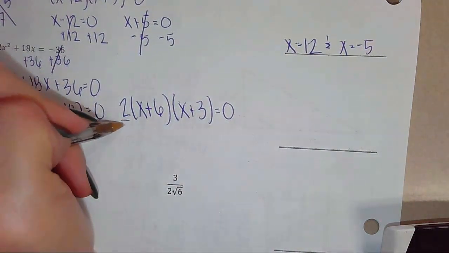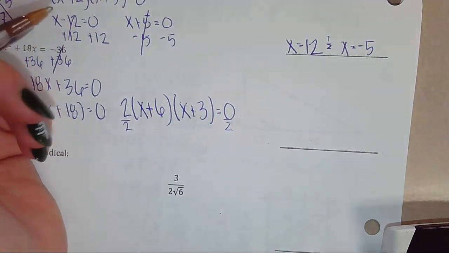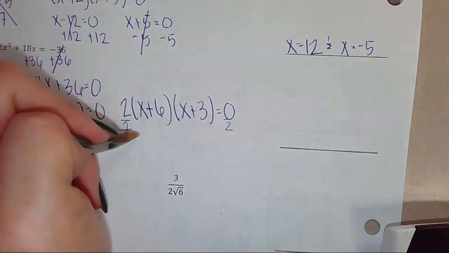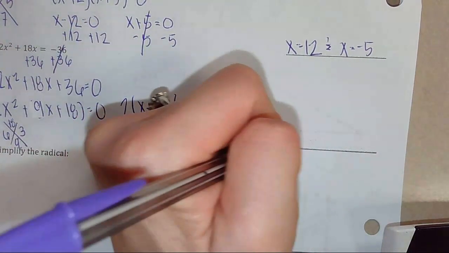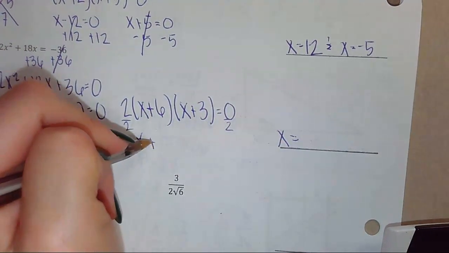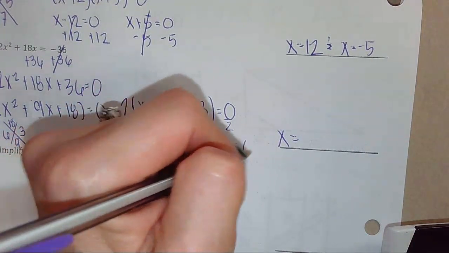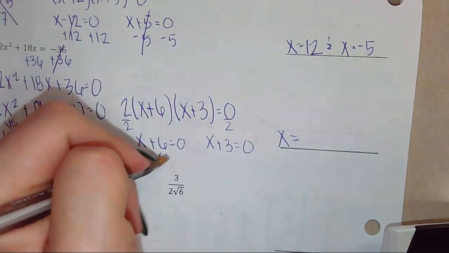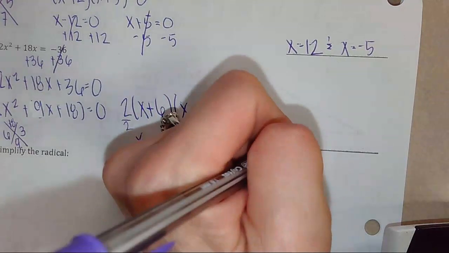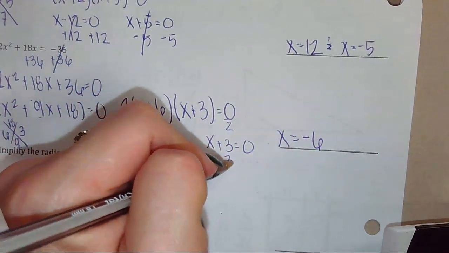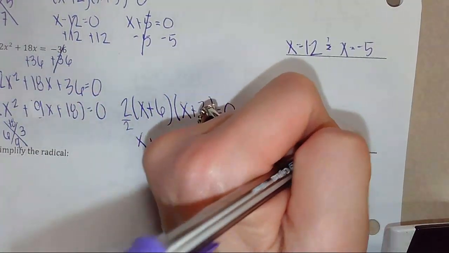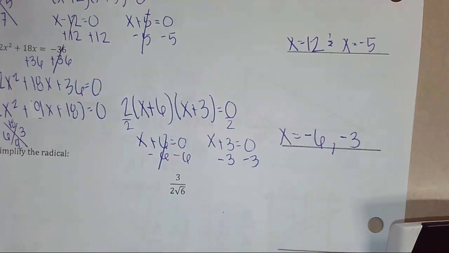All right, regardless, if I divide, the 2 goes away, right? So that's gone when I'm solving for what x equals. So now I have x plus 6 equals 0 and x plus 3 equals 0. I subtract 6 and I get x equals negative 6. I subtract 3 and I get x equals negative 3.